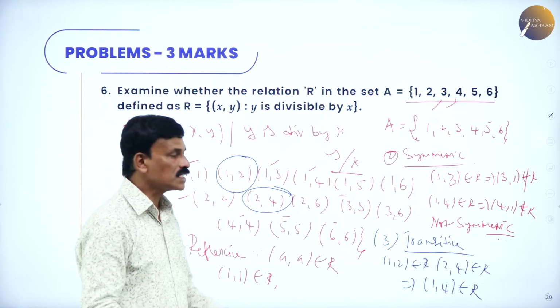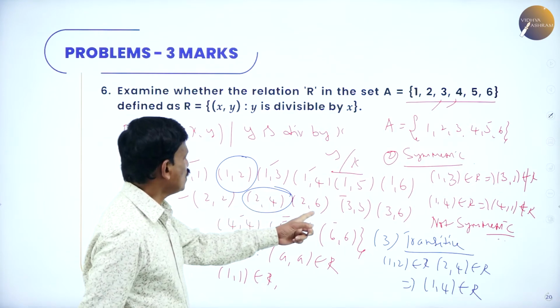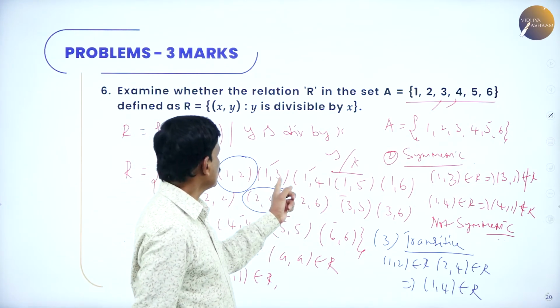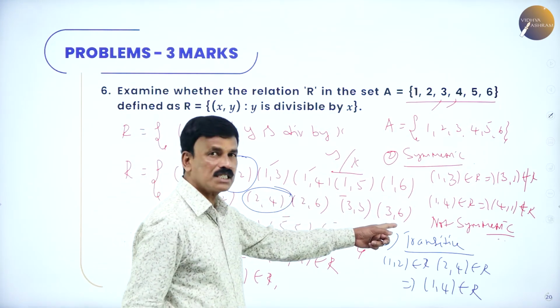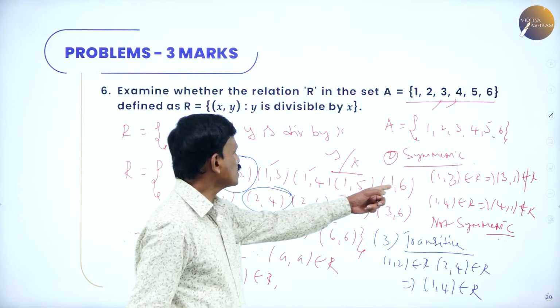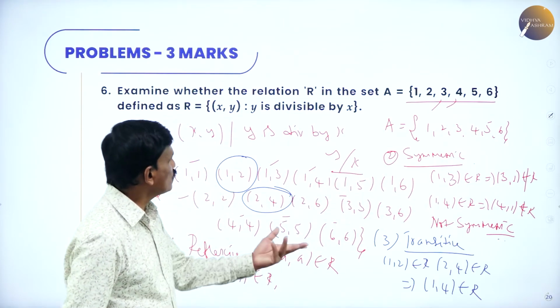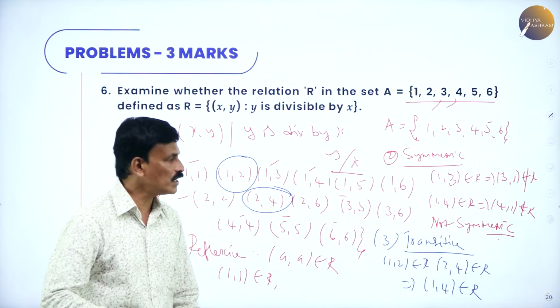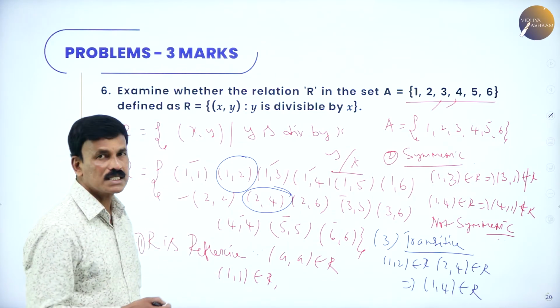If you consider this example, (1,3) belongs to R and (3,6) belongs to R implies (1,6) also belongs to R. So hence we can say that R is reflexive and transitive but not symmetric.